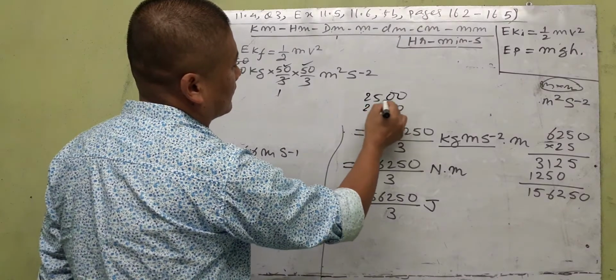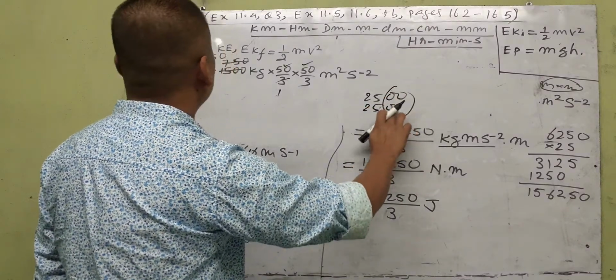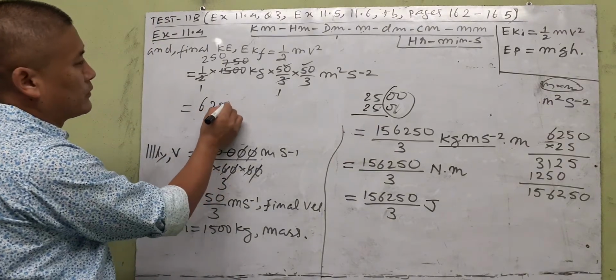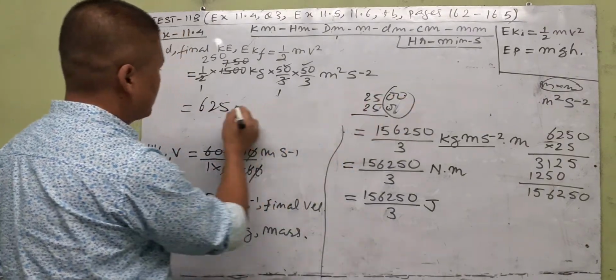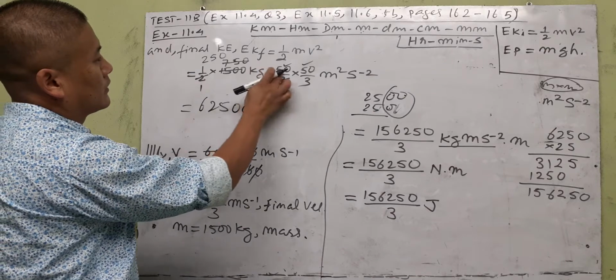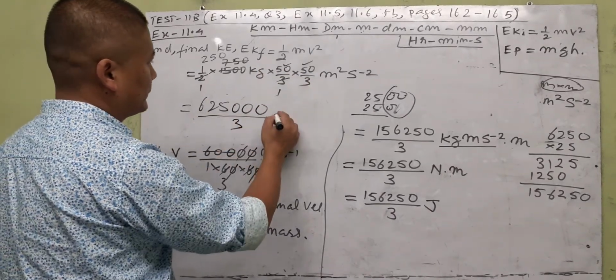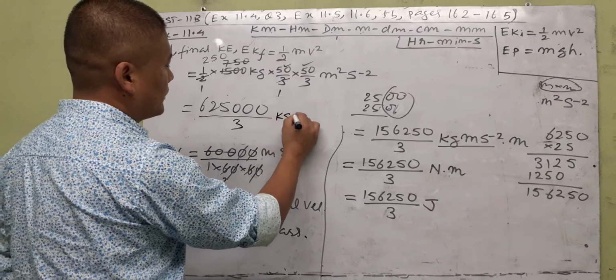So just forget about these zeros. 250, sorry. 25 into 25 is 625. We know it by memory also. 230.